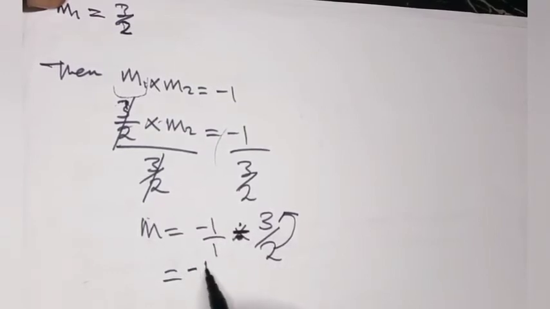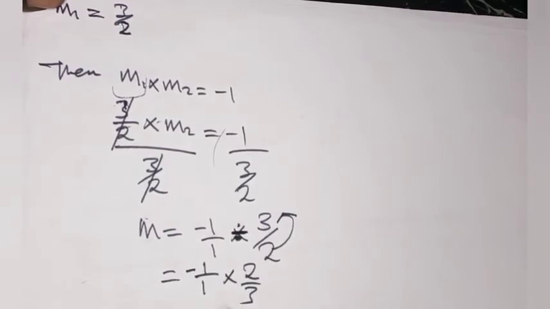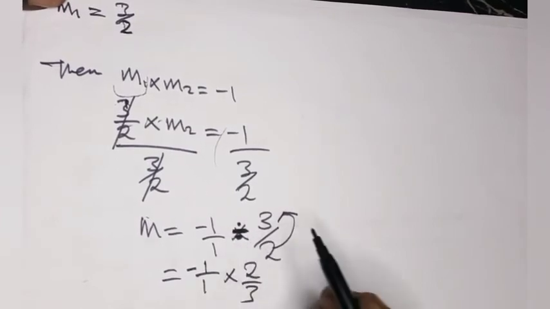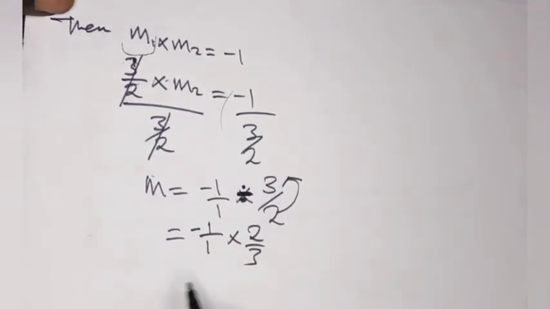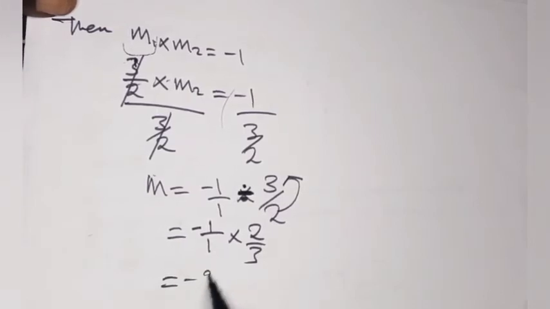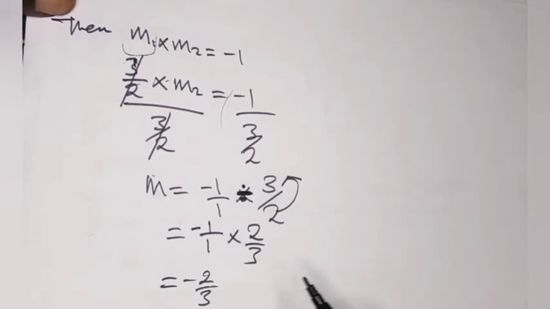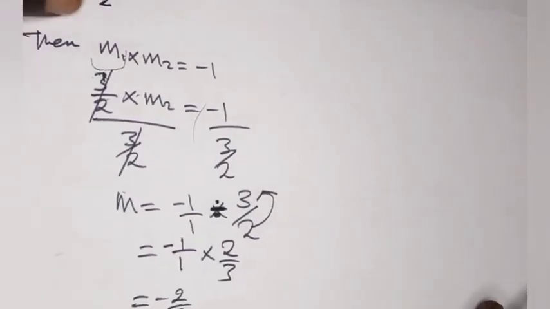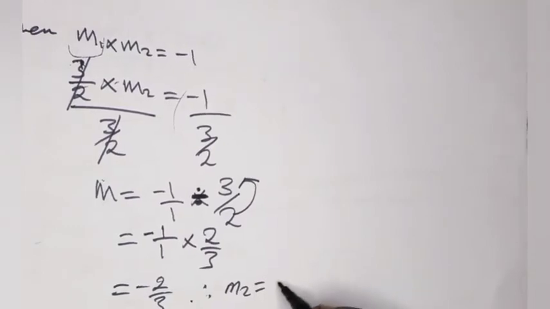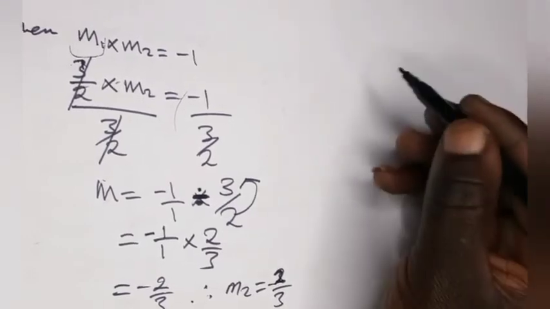Then negative 1 over 1 times 2 over 3, as you can see. So the gradient M2 will be minus 2 over 3. So now M2 equals 2 over 3, which is negative.